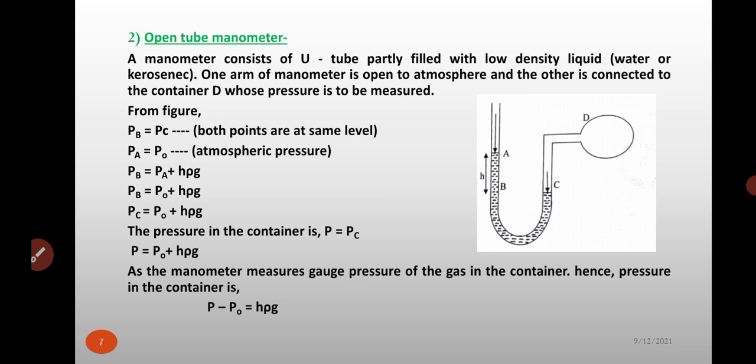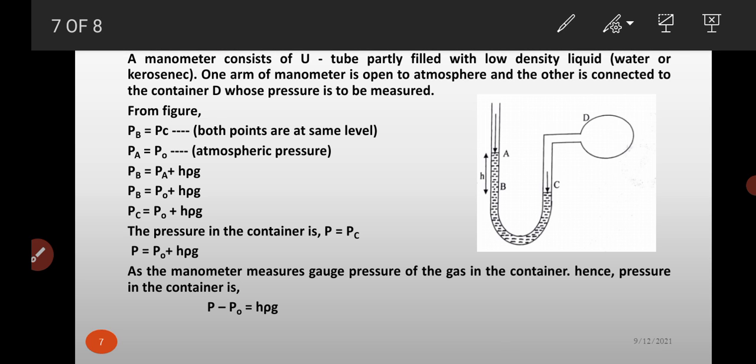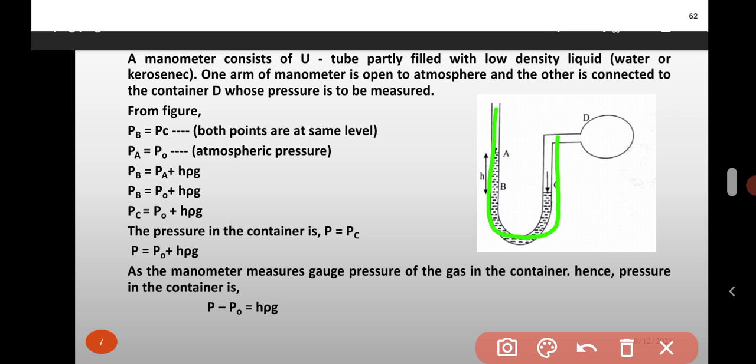Second, open tube manometer. A manometer consists of a U tube partially filled with a low density liquid, such as water or kerosene. One arm of the manometer is open to the atmosphere and the other is connected to the container D whose pressure is to be measured.